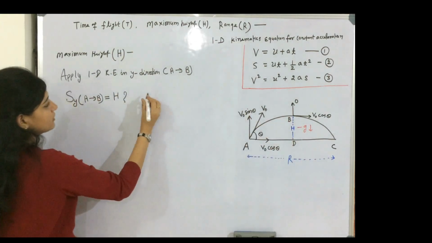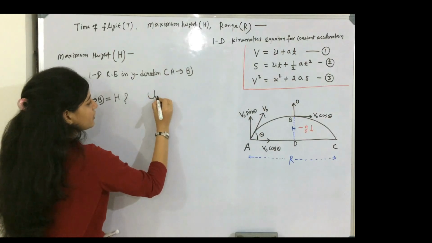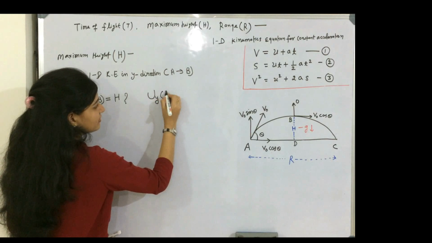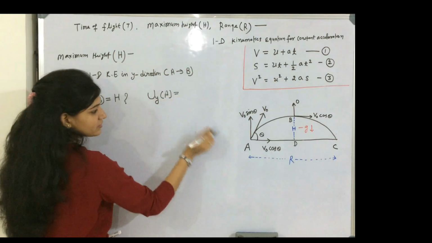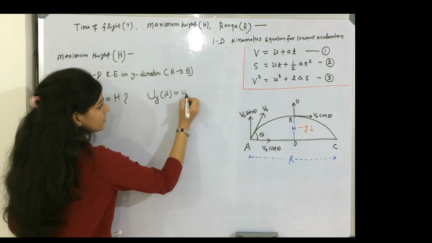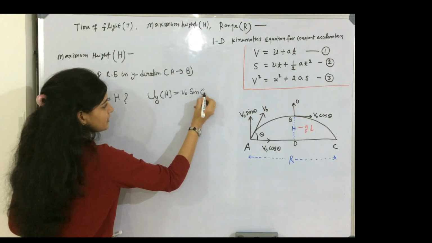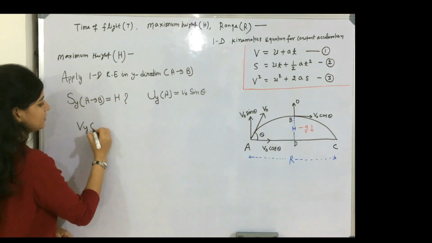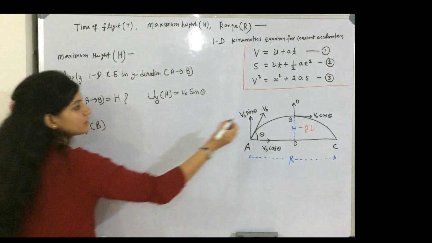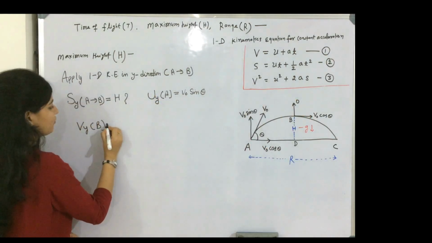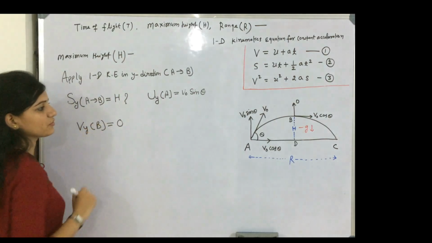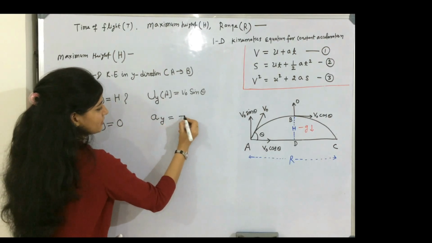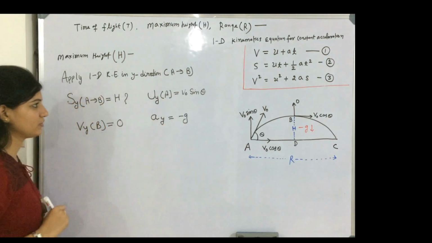So the initial velocity at A is V0 sin theta, while the final velocity at B in y direction is 0, while acceleration in y direction is minus g.